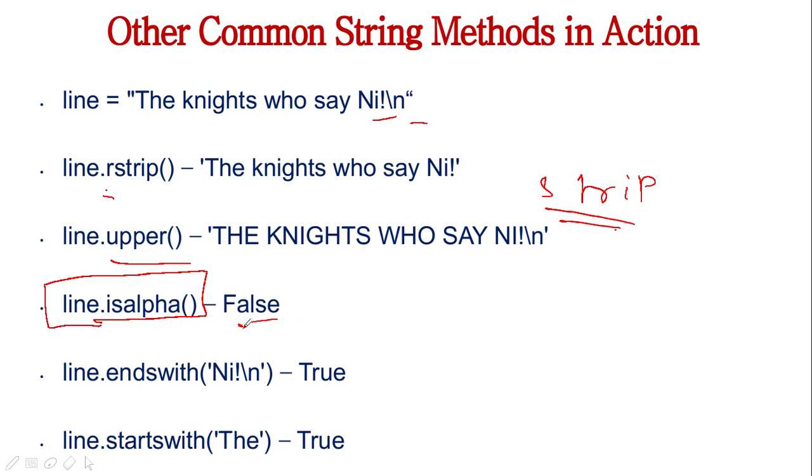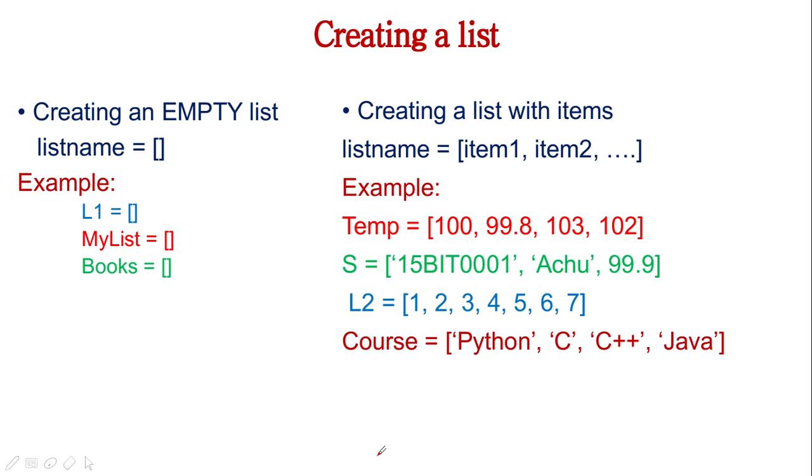So isalpha will return false. There are also functions to check whether a string ends with some substring or not. I can check whether a line ends with NI, exclamation mark, new line, and you will get true. Startswith you can use like this. These are a few common functions I have mentioned. There are a lot more interesting functions with which you can work with strings.